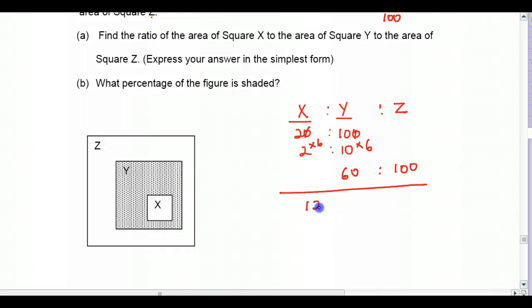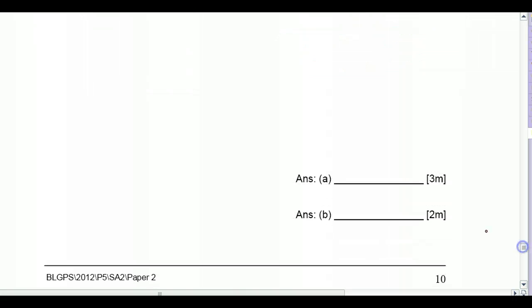So it's 12 is to 60 is to 100. Find the ratio of X to Y to Z. So this will be divide by 4. 12 divided by 4 is 3. 60 divided by 4 is 15. 100 divided by 4 is 25. So my answer for A is 3 is to 15 is to 25.